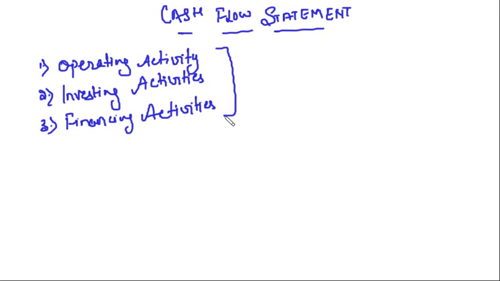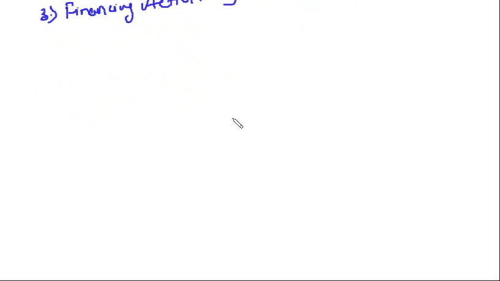If you know how to calculate cash flow under these three activities separately, then you can combine these three activities and find out the net increase or decrease in cash and cash equivalents. Now how do we write this?